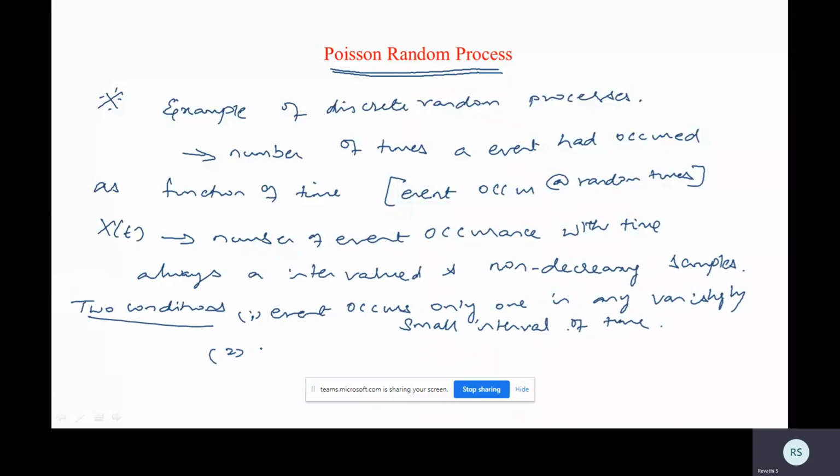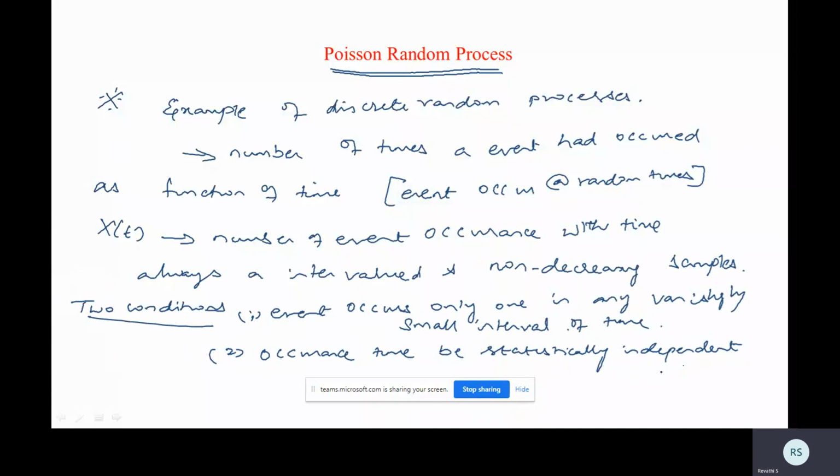So you write down the second condition. The occurrence times must be statistically independent. So what you need to understand is that the number that occurs in any given interval is completely independent of the number that occurs in any other time interval.